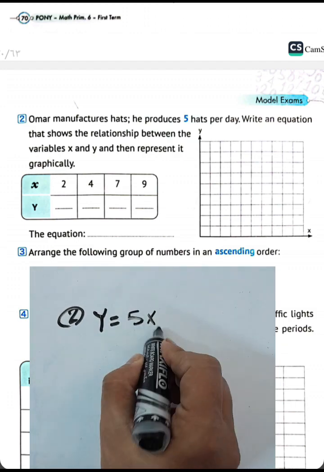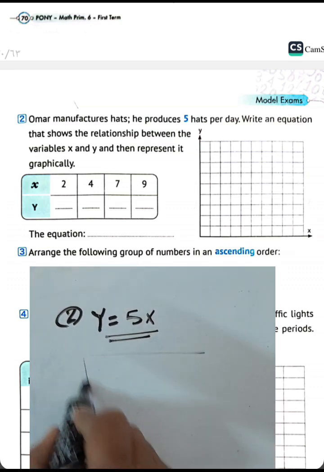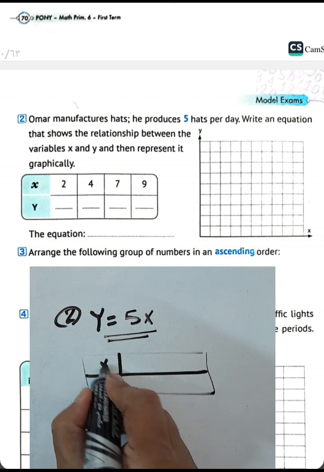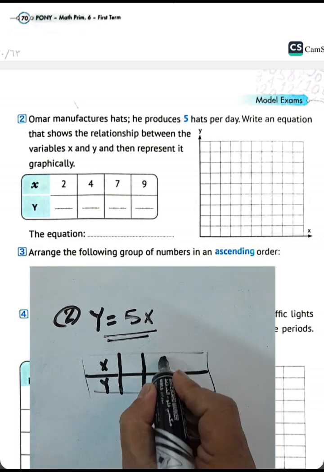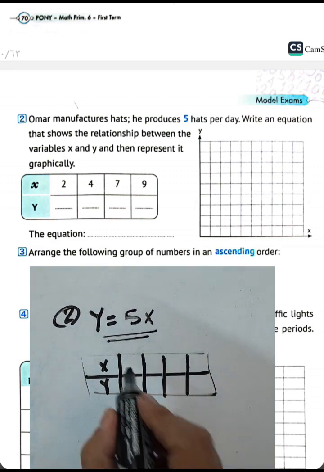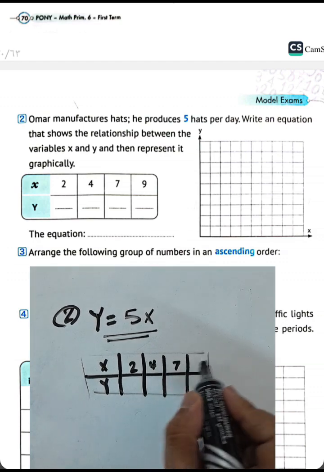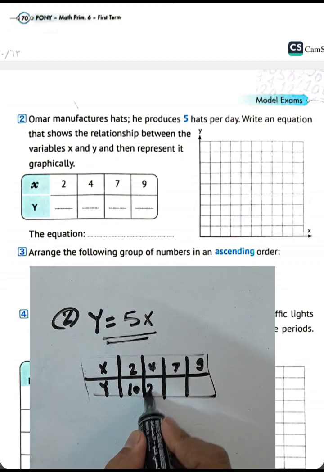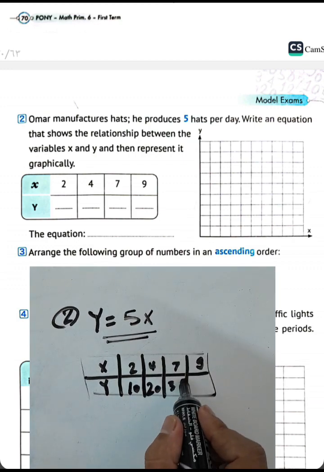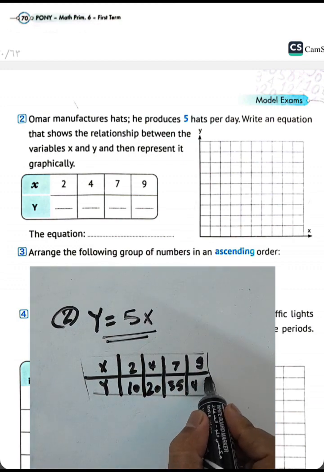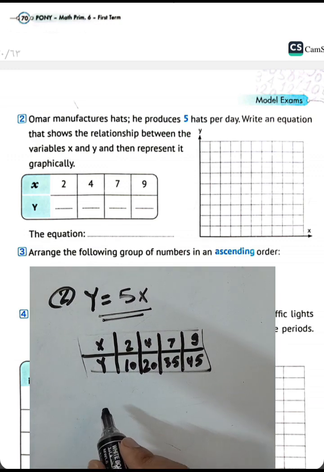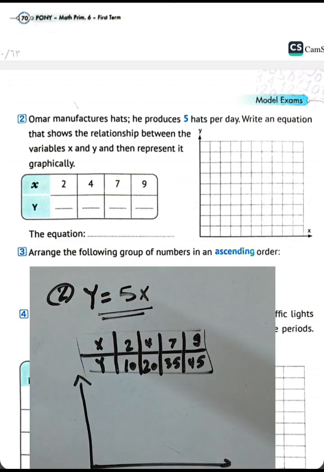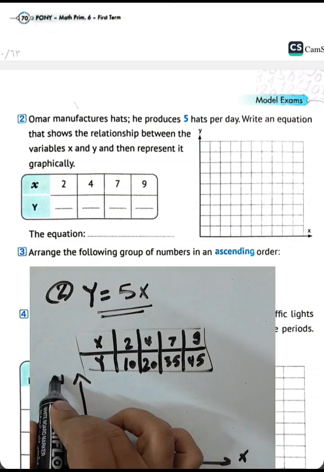See, 5 is the constant coefficient here in this table. X and then y: 2, 4, 7 and 9. 5 times 2 equals 10. 4 times 5 equals 20. 5 times 7 is 35. 5 times 9 equals 45. And then we can draw the x-axis and y-axis here.